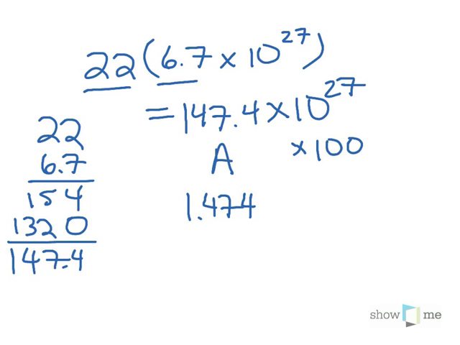Well, 100 is actually 10 squared. When you multiply powers of the same base, you add the exponents. So, 10 to the 27th multiplied by 10 squared is 10 to the 29th.